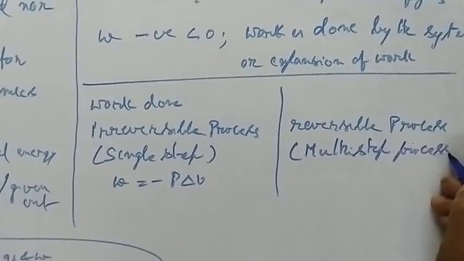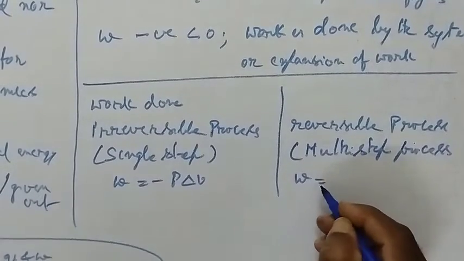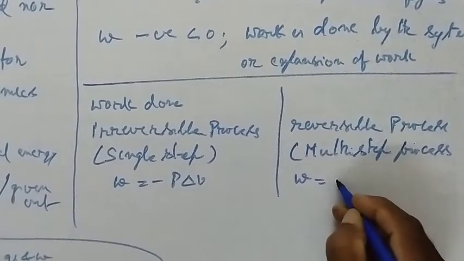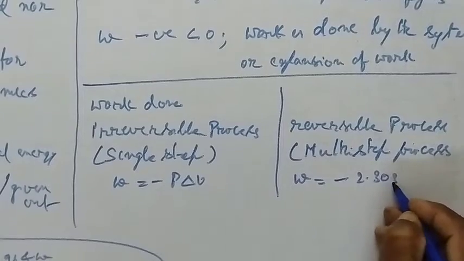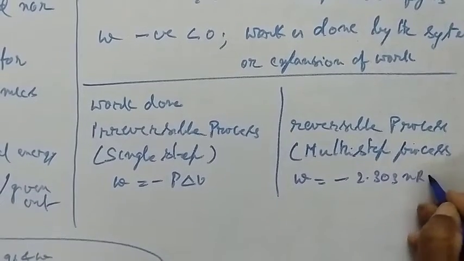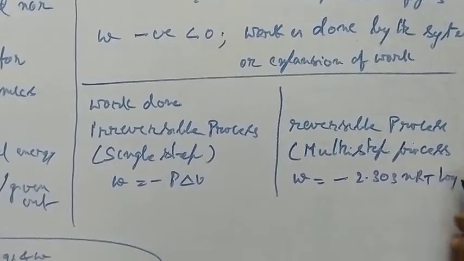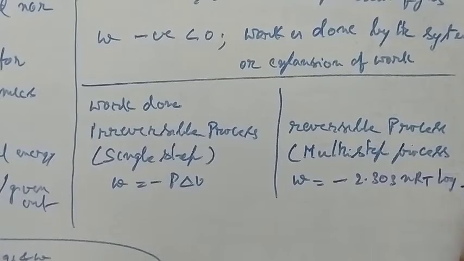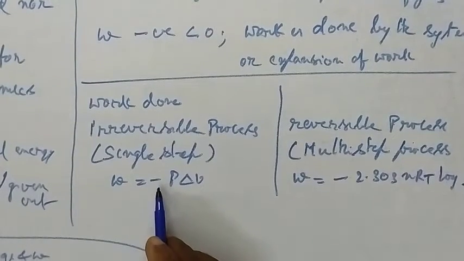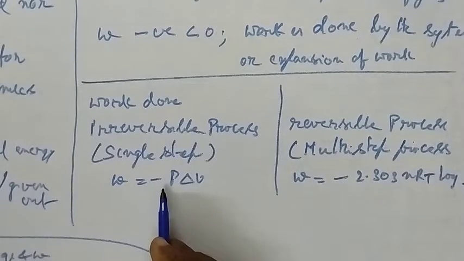Here W equal to minus 2.303 nRT log V final by V initial. So this is the work done in a single step and multi-step process, irreversible and reversible process.